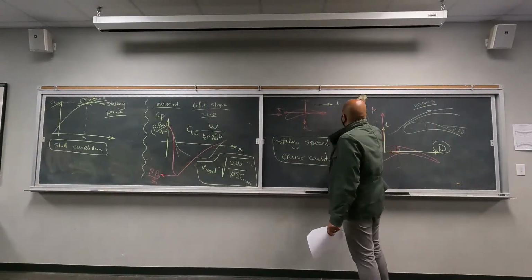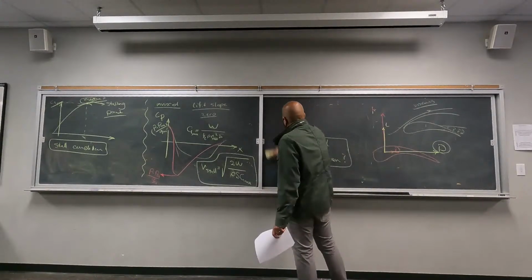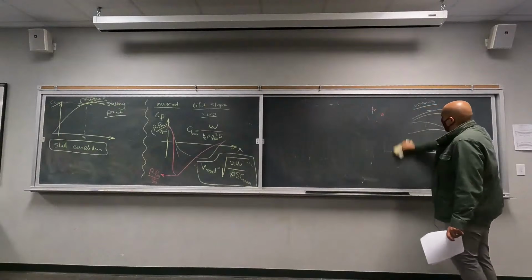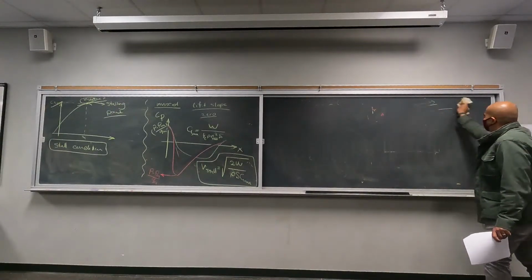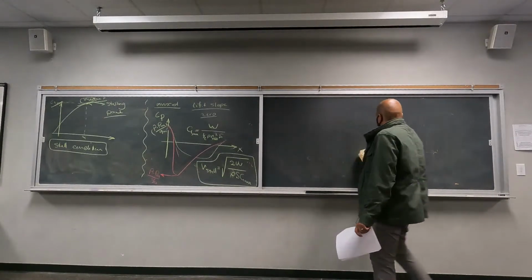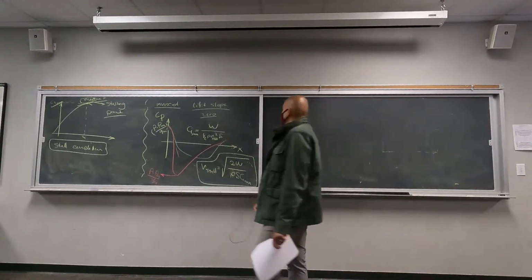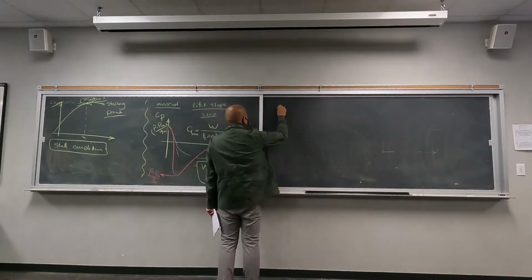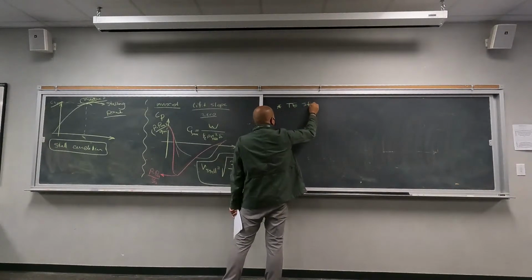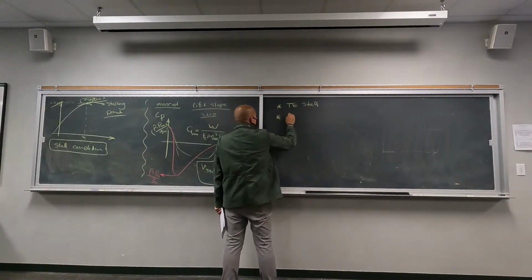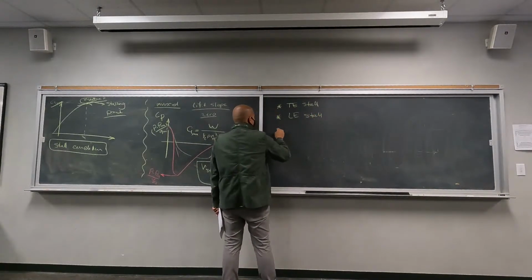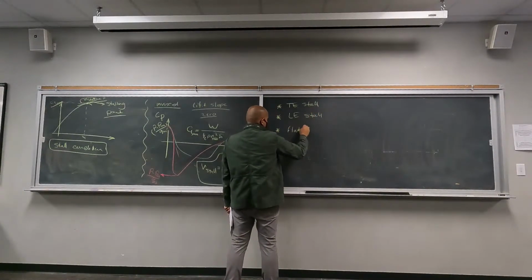The next step is to see what are the different types of stall. We are going to see, in a flight condition, there are 3 different types of stall: trailing edge stall, leading edge stall, and flat plate stall.